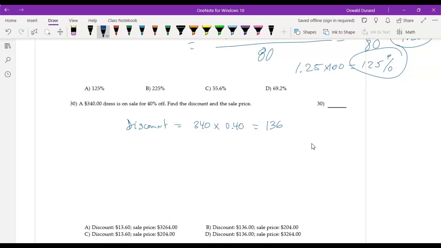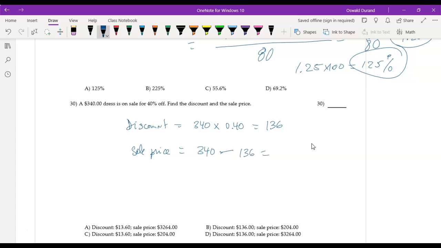Now I want the sale price, right? The discounted price, the sale price, is equal to the price of the dress, 340, but because of the discount I'm subtracting 136.